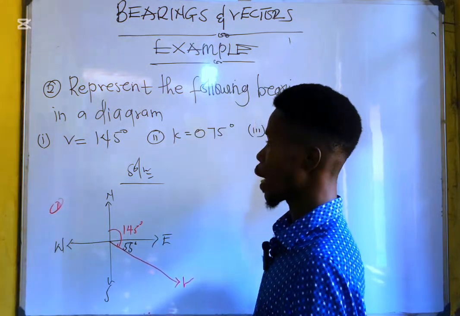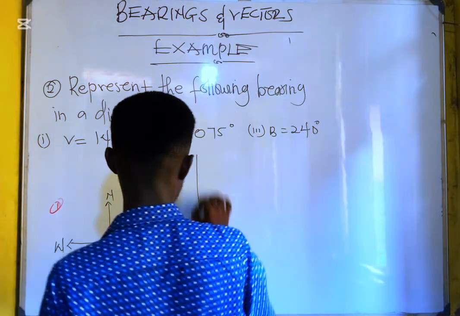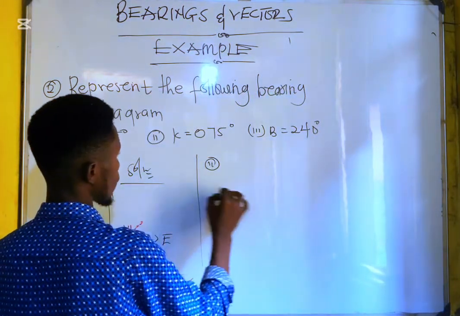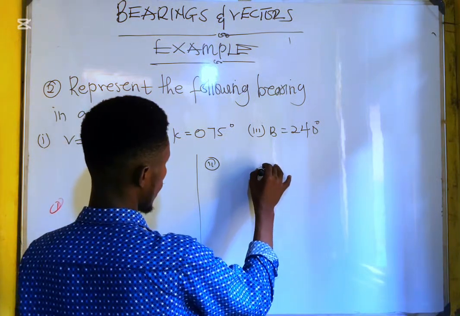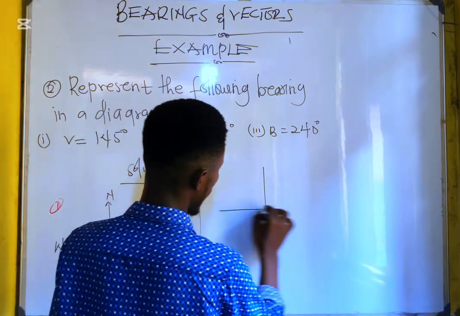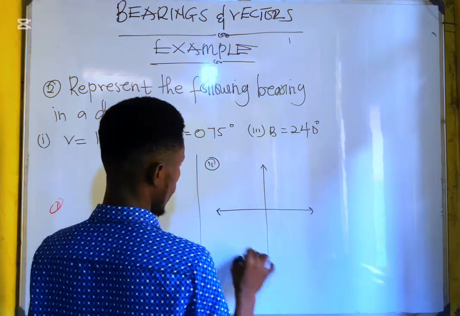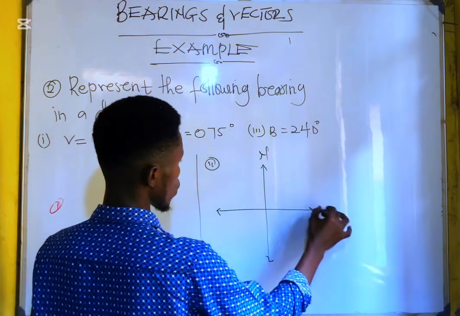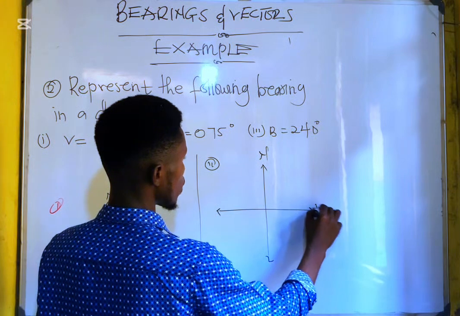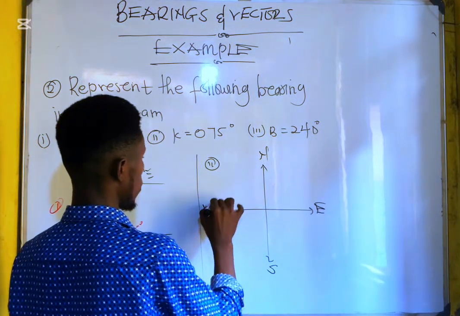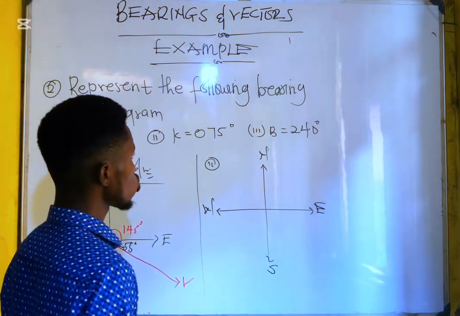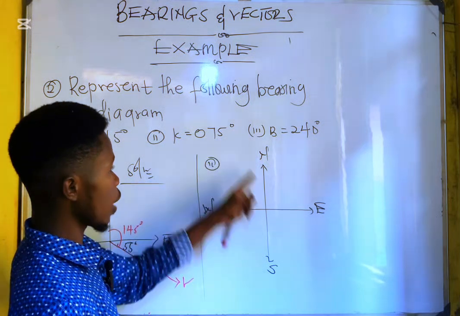Now let's move to the II. So I have my north, my east, my south, then my west. You are going to indicate 75 here.